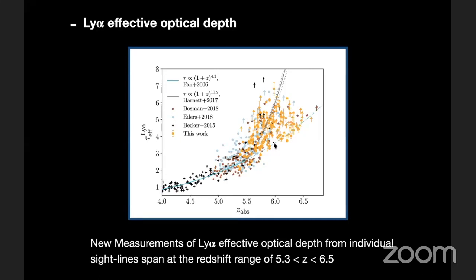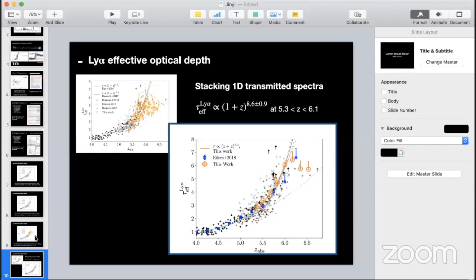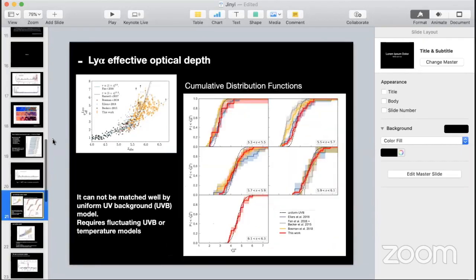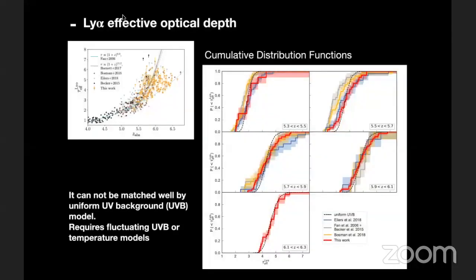I did some comparison. For example, Ataç 2018 uses the PCA model. I can also show you this one, which may be more interesting. I compared our result to the distribution of the Lyman alpha effective optical depths from previous studies.